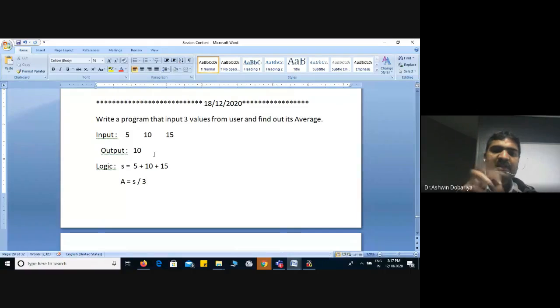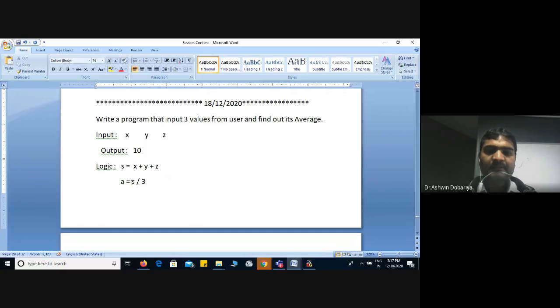Now we have to think about variables. How many variables do I require? First I want to input 3 values. So the first value I will take X, the second value Y, the third value Z. So X, Y and Z, 3 variables I require. Then X plus Y plus Z, and whatever sum is there, I will store into S. After that, I want to find not only the sum but the average.